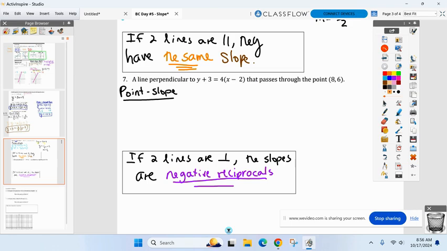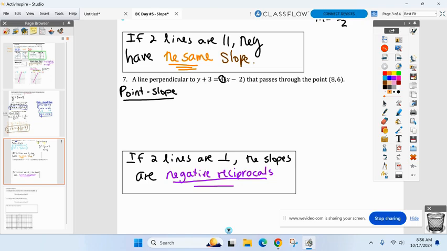Or do I? How can I use this to get the slope here? Okay, one of two ways. Some of you who are on top of your game may notice this is already in what form? This is already in point slope form, and where's the slope located? Right there. That's fine. Some of you are on top of your game and you notice that.